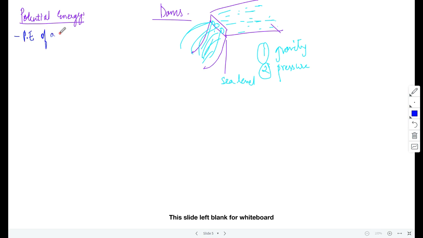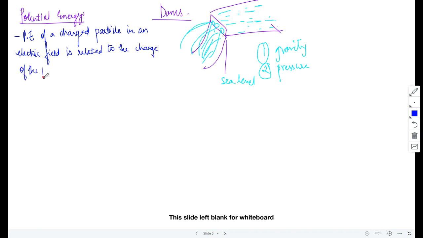Potential energy of a charged particle in an electric field is related to the charge of the particle and to the strength of the electric field. Okay. Now, how is it related?